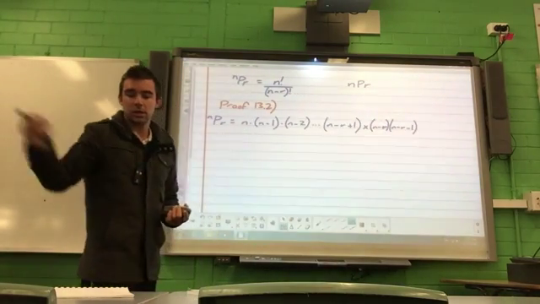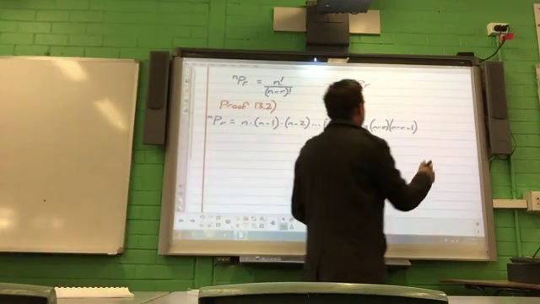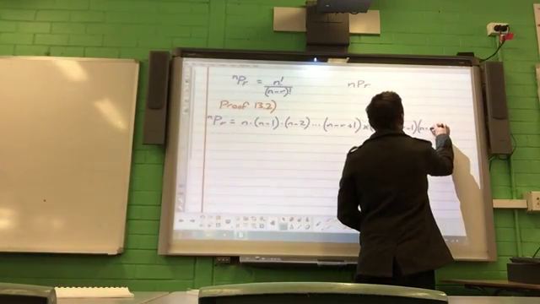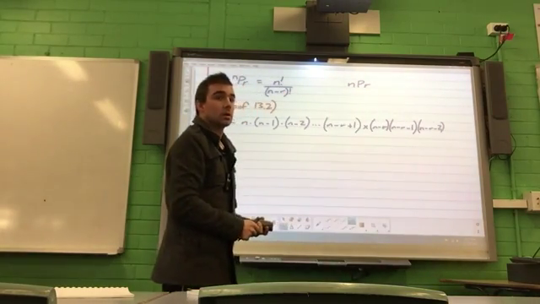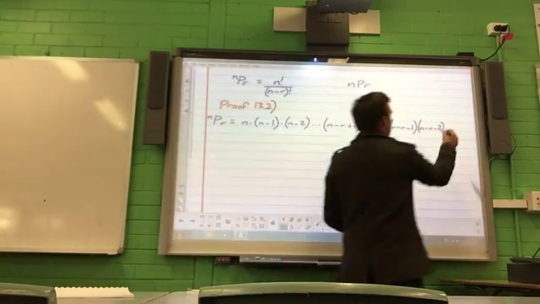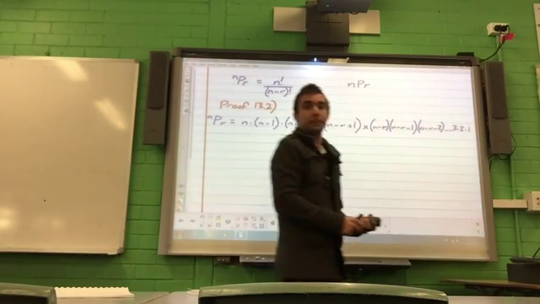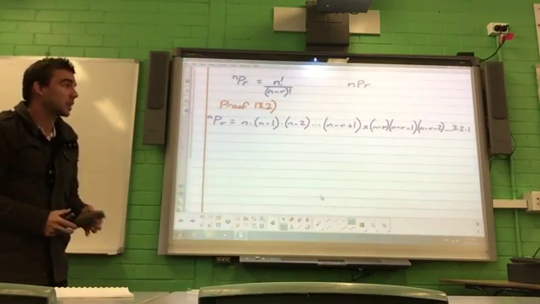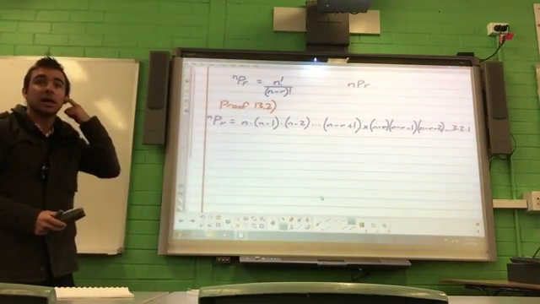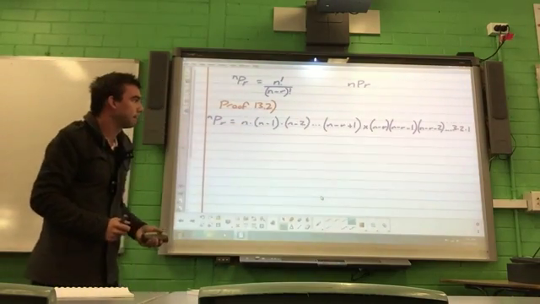I'm continuing to decrease by 1 right through. The next term will be n take away r, take away 2, dot dot dot 3 times 2 times 1, all the way down to 1, continuing on with my factorial notation as if it was n factorial.